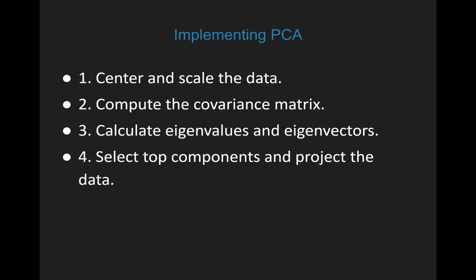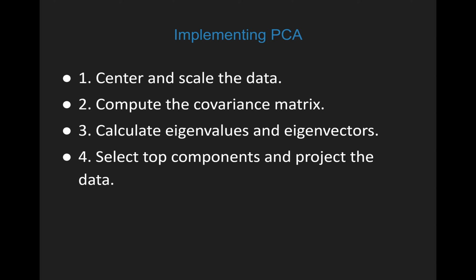If we talk about implementing PCA, the PCA algorithm is as follows. We standardize the data, basically scaling the data to have zero mean and unit variance. Then we compute the covariance matrix, where we calculate the pairwise covariance between the features.